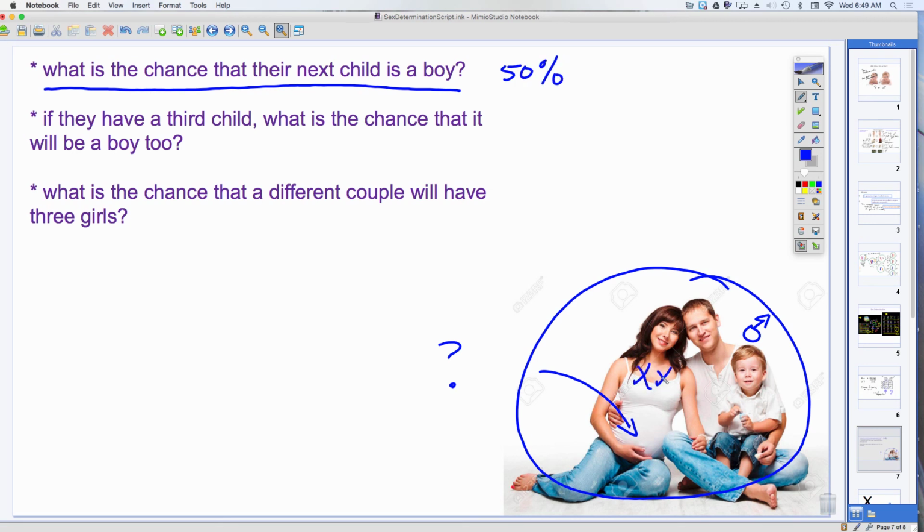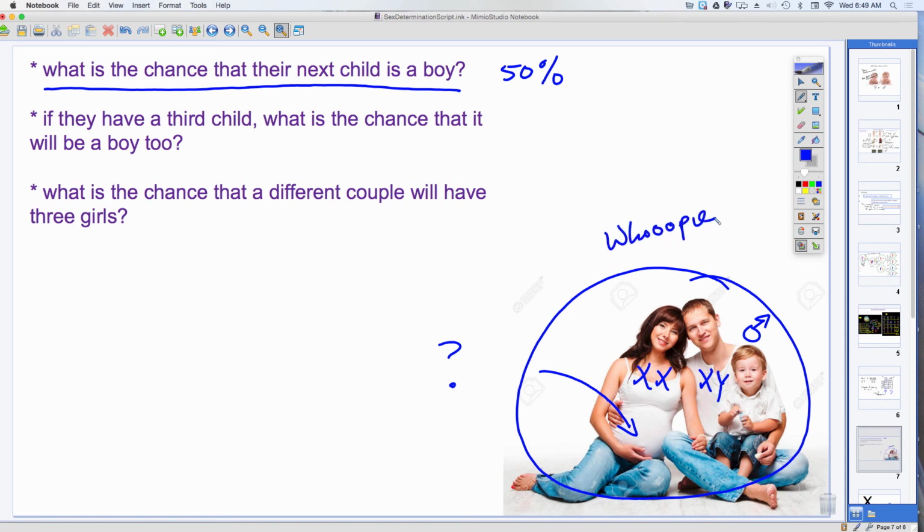And we just solved that problem. It's 50% because she is XX and he is XY. But we could now ask the question in terms of probability, and that is if they were to have a third child.